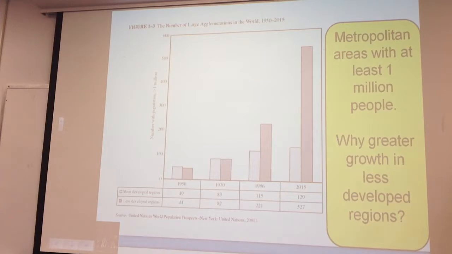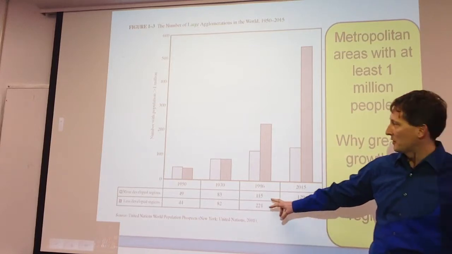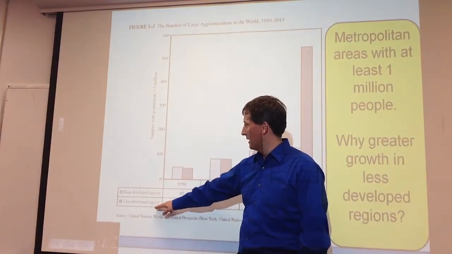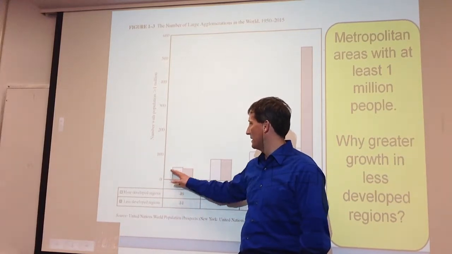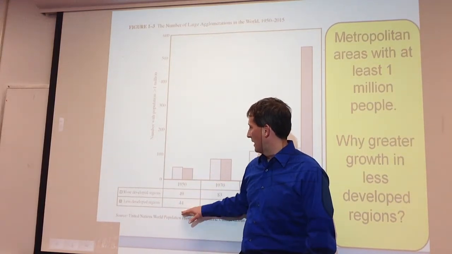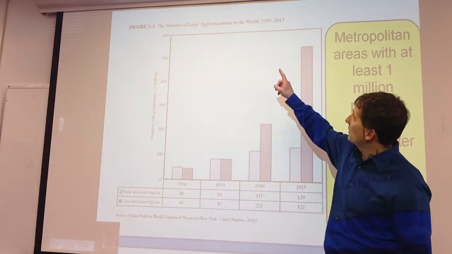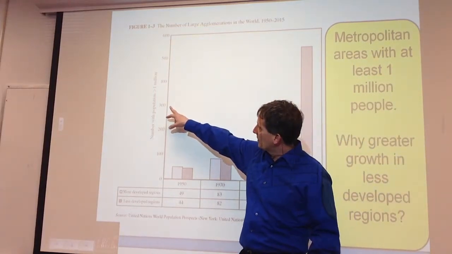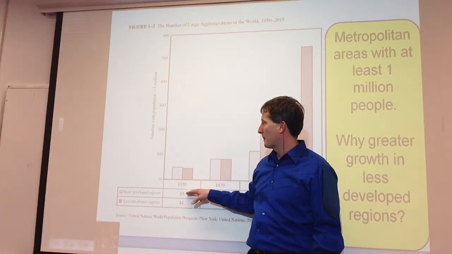So why is there greater growth in less developed regions? This one's kind of, to me, a little counterintuitive. So we've got more developed regions, less developed regions in 1950. And these are the number of cities with populations greater than 1 million.